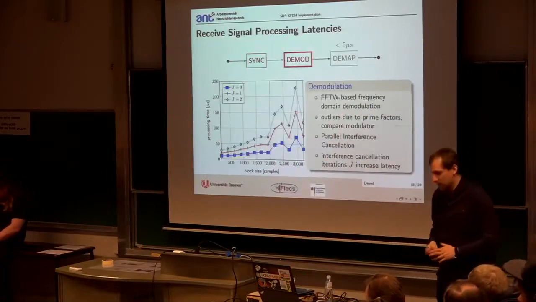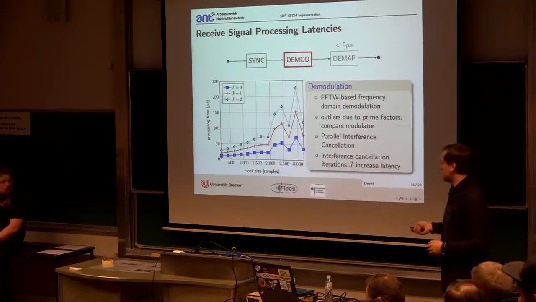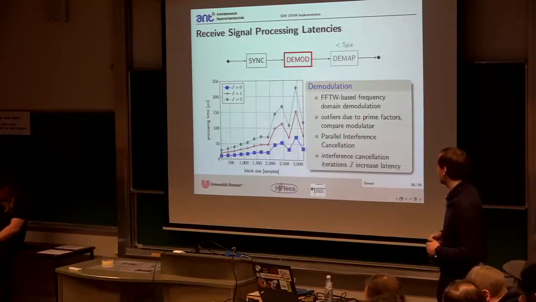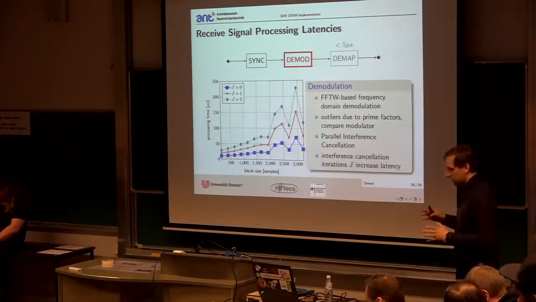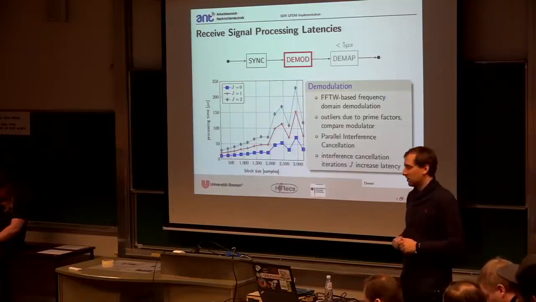Next up, the most important part, the demodulation. Here you can see that, again, we have this behavior due to prime factors in our Fourier transform. So we should, again, choose our values here wisely.